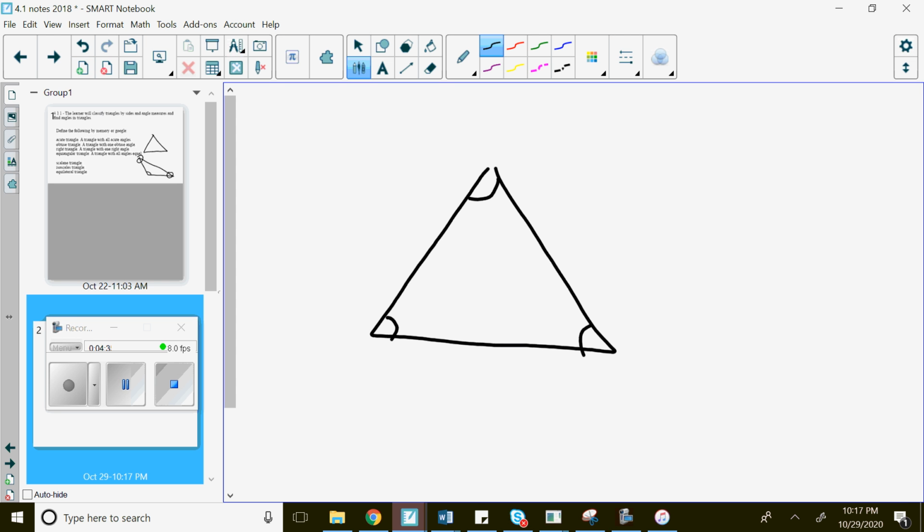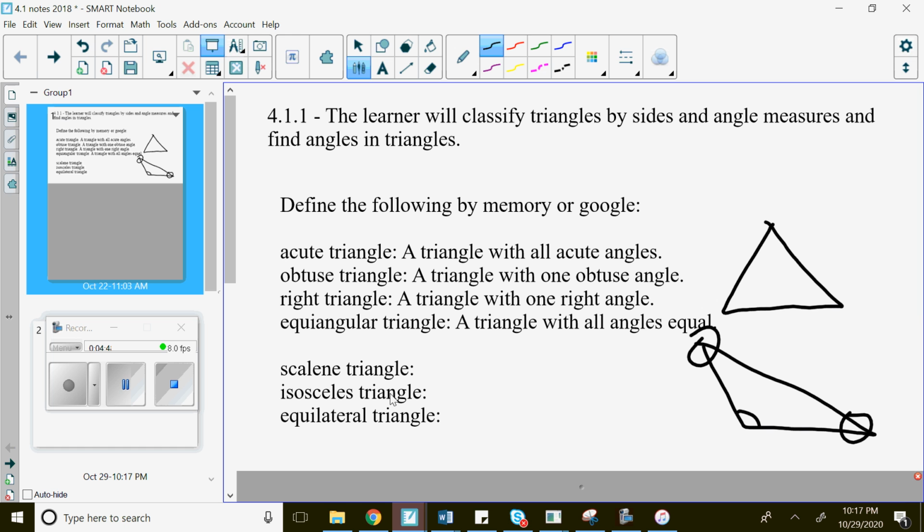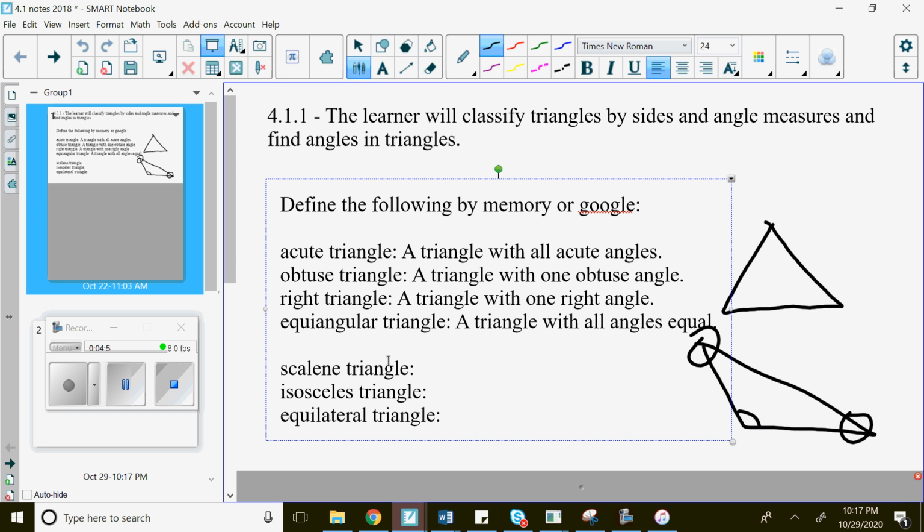This is also a type of acute triangle, but even more specifically, they're all going to be 60 degrees. 60, 60, and 60, adding up to 180 degrees. So that's how we classify triangles by angle measure. It's either going to be acute, obtuse, right, and if it's a special type of acute triangle where all of them are 60, it's called an equiangular triangle.